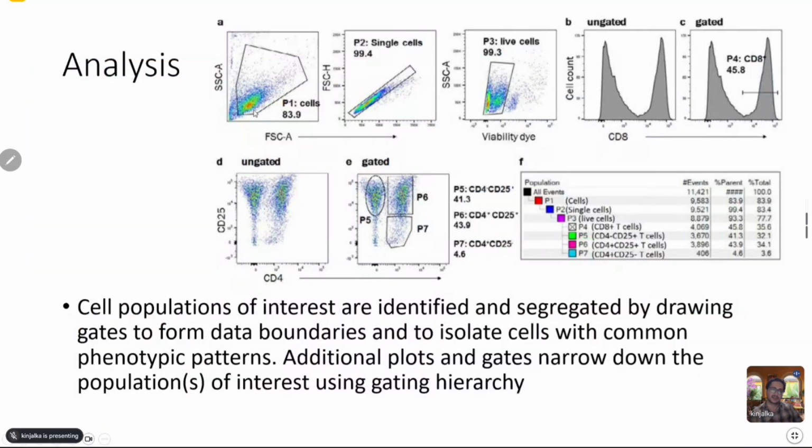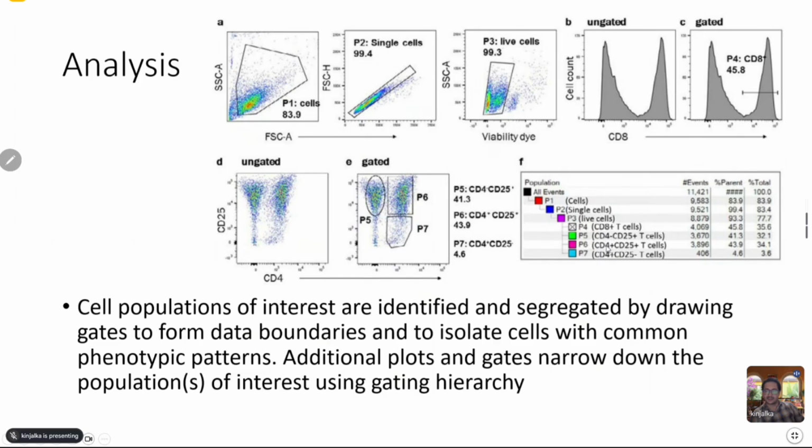spend much time here. Again, we have seen this: you have side scatter, forward scatter, single cells are identified, from them live cells are identified, and then you count how many cells are CD8 positive and so on. CD25 positive cells, CD4 positive cells, right? Then when you look at it, you have CD4 negative, CD25 positive T cells, represented by the P5 section over here.